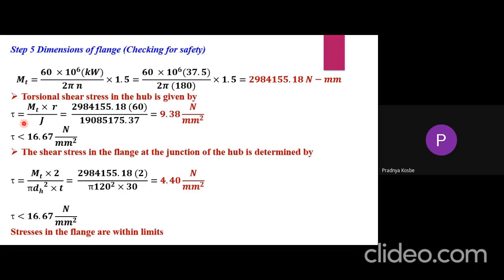According to that, torsional shear stress in the hub, tau is equal to MT into R divided by J. J is the polar moment of inertia for the hub section.